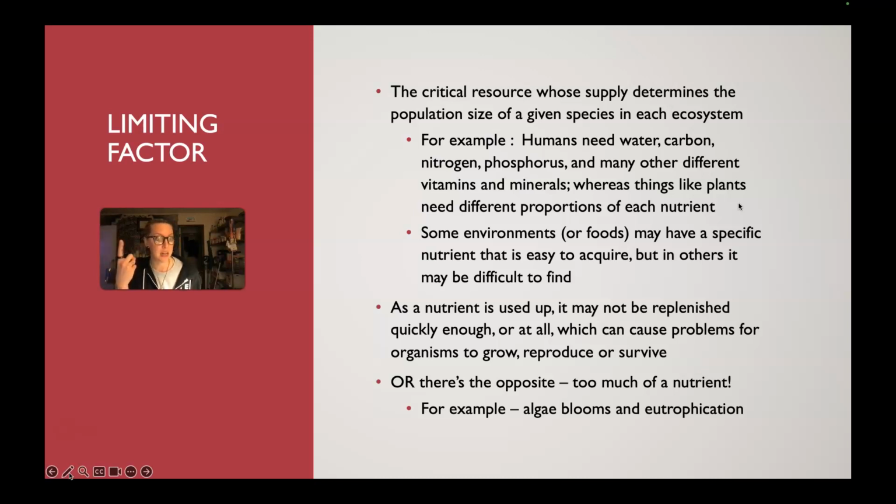But we also need other nutrients like carbon, nitrogen, phosphorus, and different vitamins and minerals, whereas plants need a different proportion of each nutrient, right? So maybe you've seen advertisements for greens powders, like AG1 is a big one that's out and about now, which I take.